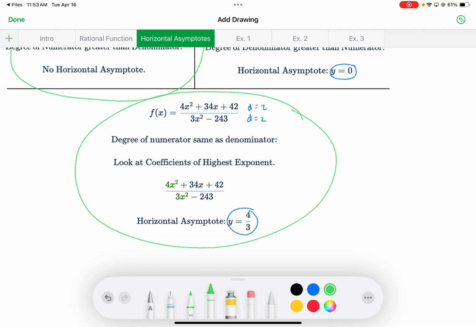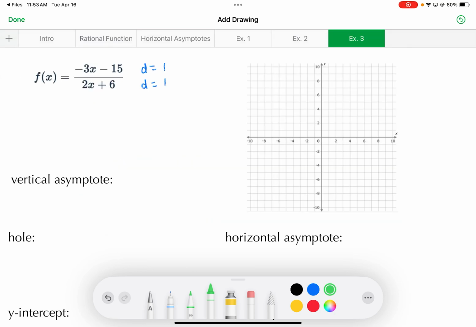That tells me I'm supposed to look at the coefficients on the leading terms. Use those to get my horizontal asymptote. So I should be looking right here. I can say the horizontal asymptote is y equals -3/2. Go ahead and draw that in.